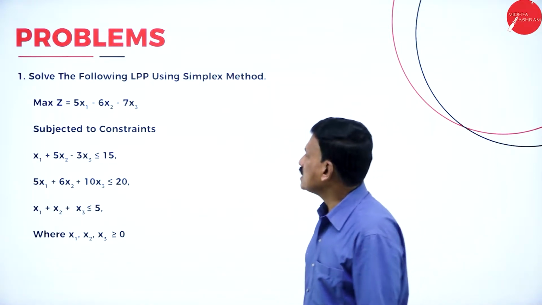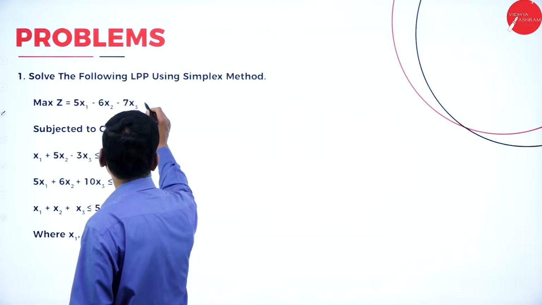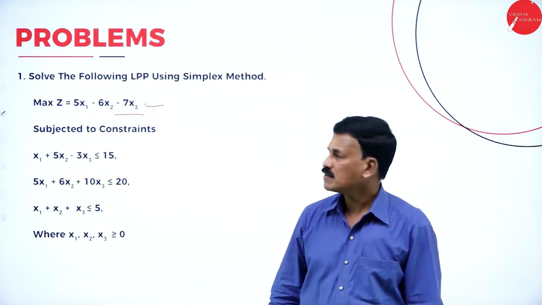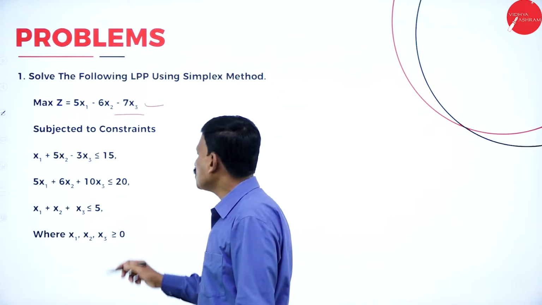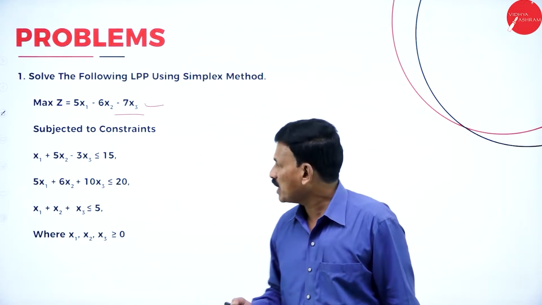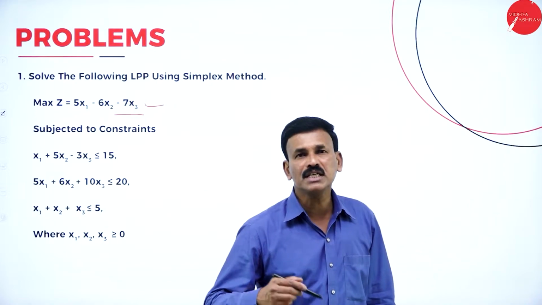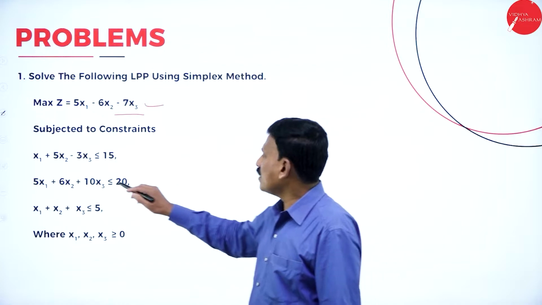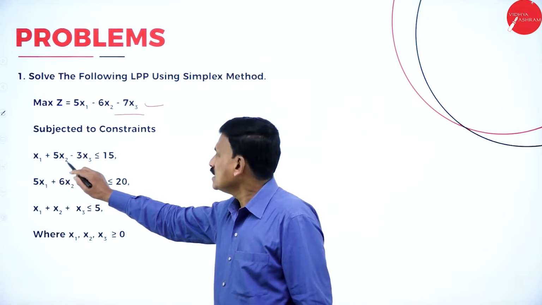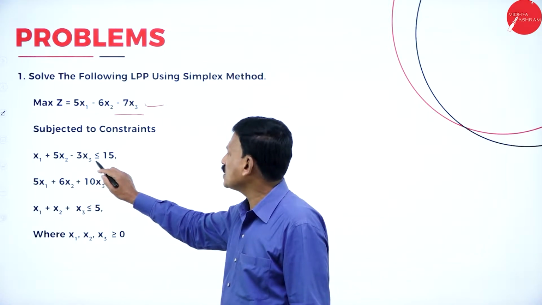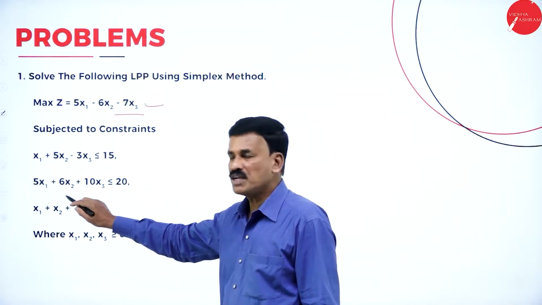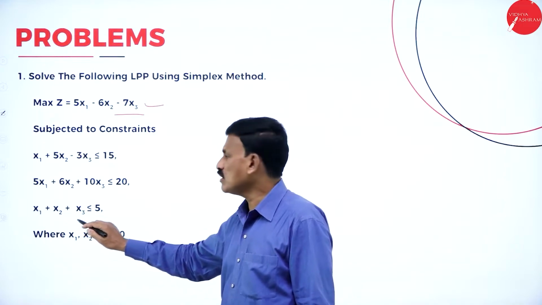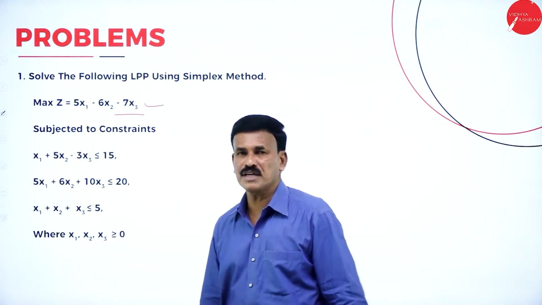Now, let us consider this is of maximization type. Now, let us convert the constraints from less than or equal to equal to, just by converting the inequalities into equalities. So, we can write these equations as x1 plus 5x2 minus 3x3 is equal to 15, 5x1 plus 6x2 plus 10x3 is equal to 20, x1 plus x2 plus x3 is equal to 5.